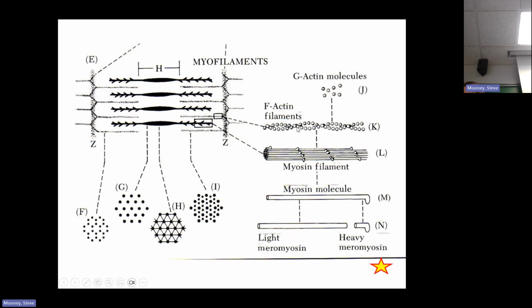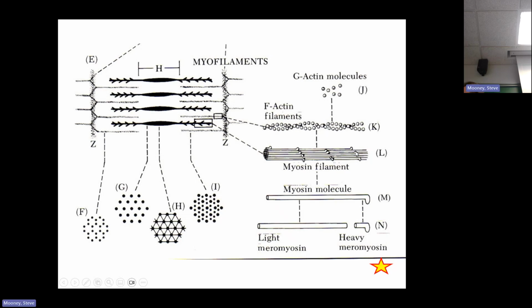molecules formed together, linked together. You've got 2 chains running around each other. They're going to form the thin filaments. Then we're going to add troponin and tropomyosin to those. The myosin filaments: you have the long chain here, and then you have the head on the end.